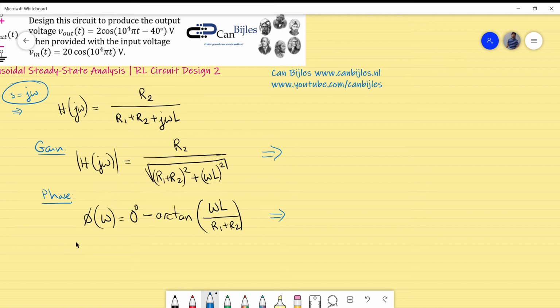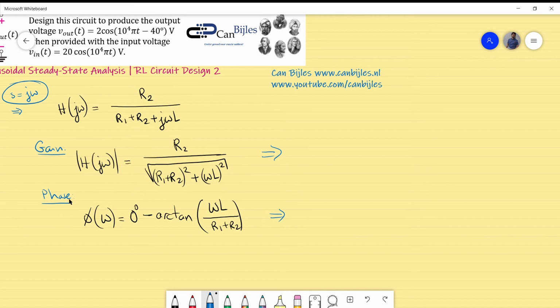What do I see already? I can see the following. I have three unknowns, R1, R2, and the L, which is also valid here. If I substitute the omega and equate this here to minus 40, and also here omega is 10,000 pi, and equate this to 1 over 10, I still have three unknowns, but only two equations.